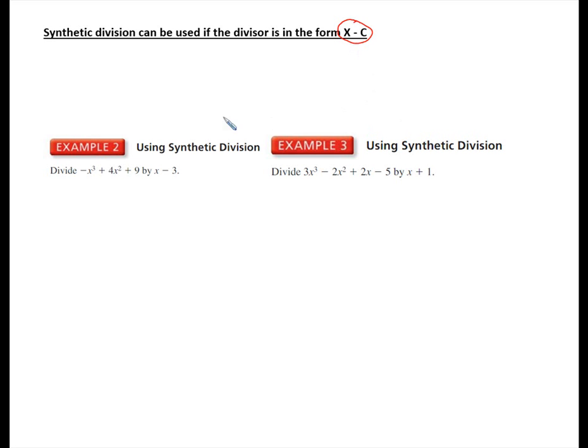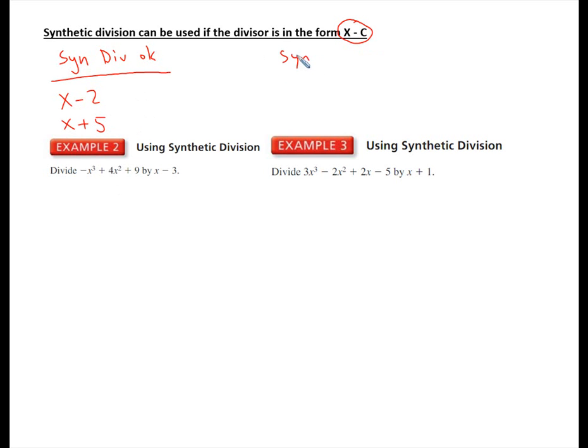So what that means is, let me give you an example. It would be okay to use synthetic division if you're dividing by something like x minus 2, or x plus 5. You can use synthetic division.